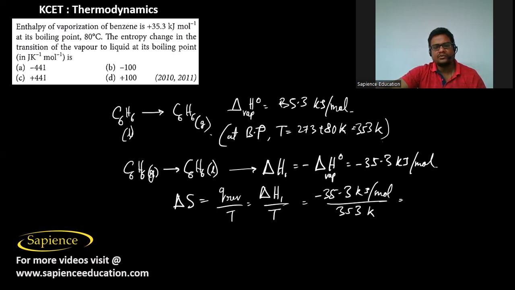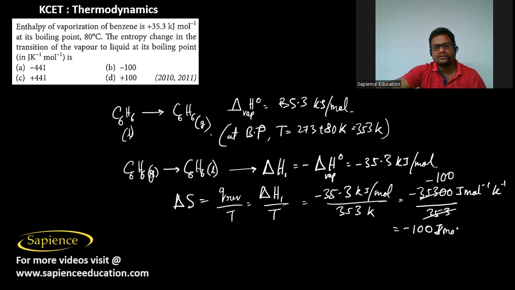We have to write in joule per Kelvin per mole. So 35.3 kilojoules is minus 35300 joule per mole per Kelvin, and then divided by 353. So that will be minus 100 joule per mole per Kelvin. So option B is the correct answer.